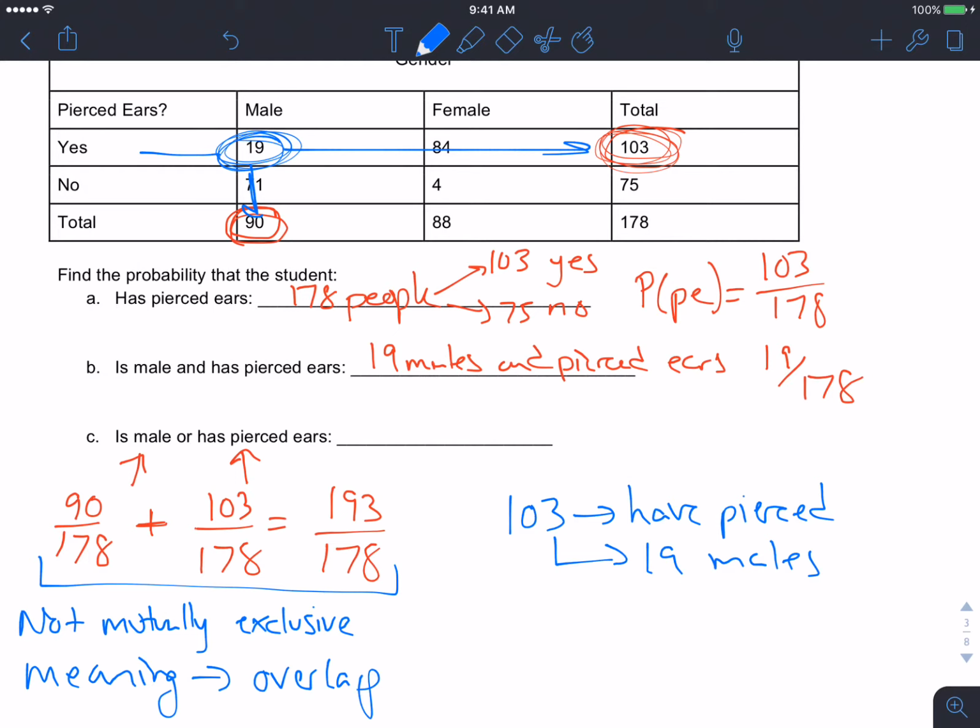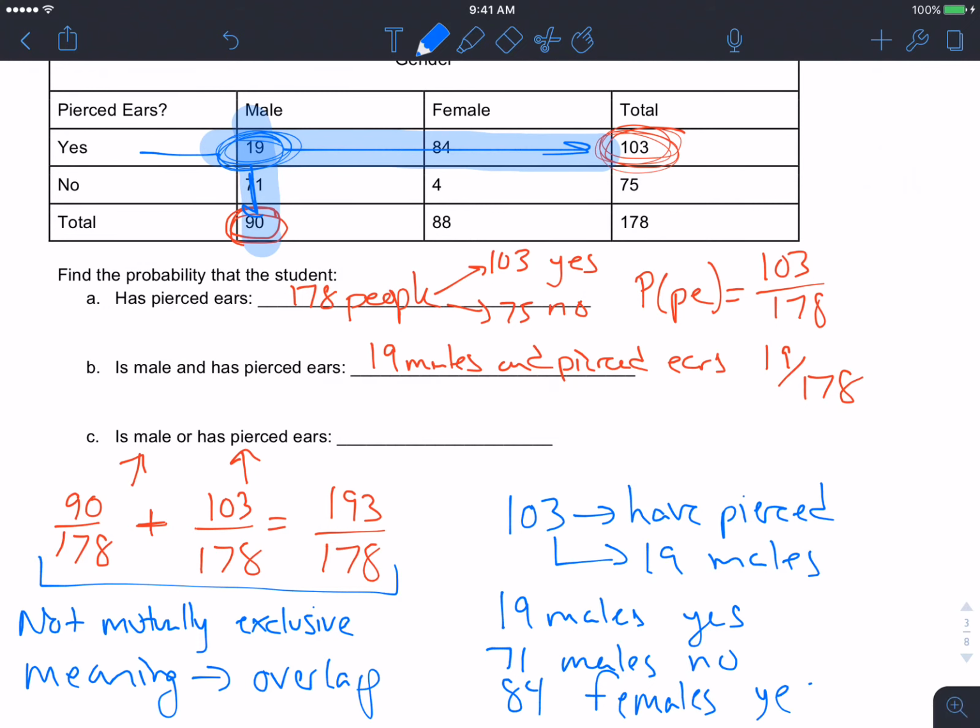So the better way to go ahead and look at this, since we can't double count, is we essentially want these three boxes where we got 19 males that say yes, there's 71 males that say no, and then there's 84 females that say yes.